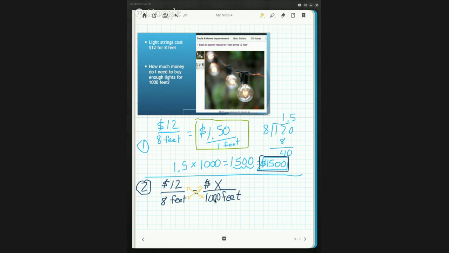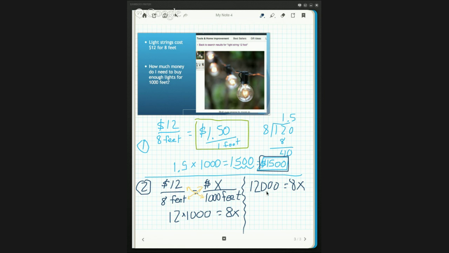So these two numbers multiplied together give us 12 times 1,000, and that is equal to 8 times X, or 8x. 12 times 1,000 is 12,000, so 12,000 equals 8x.